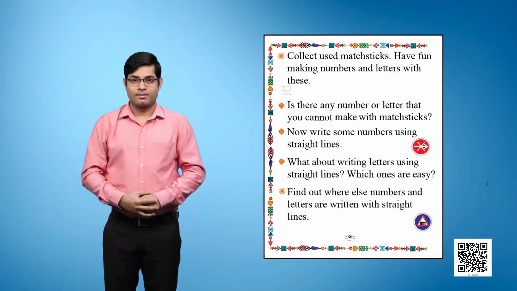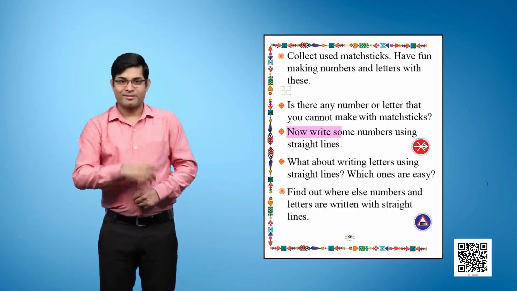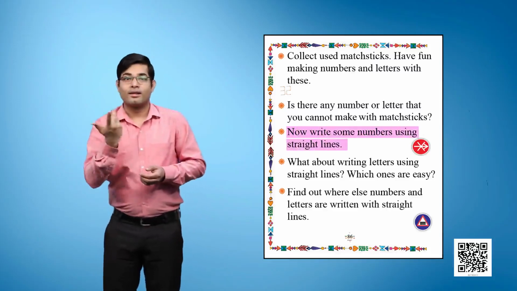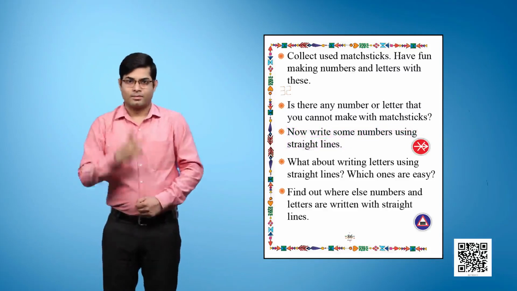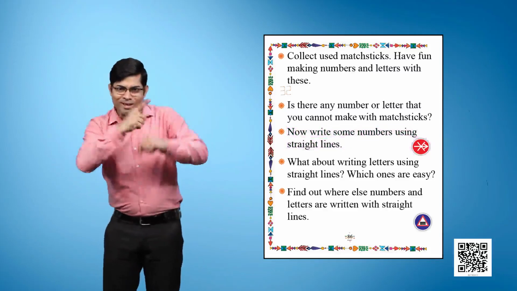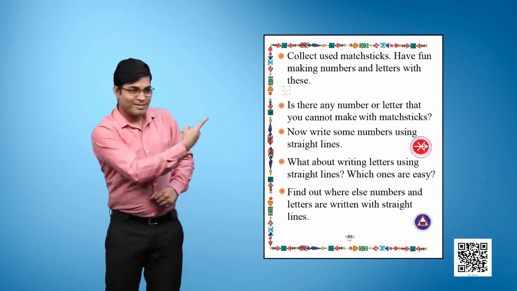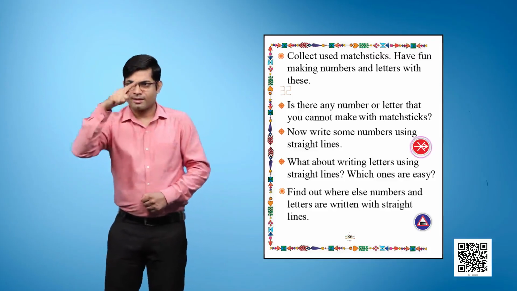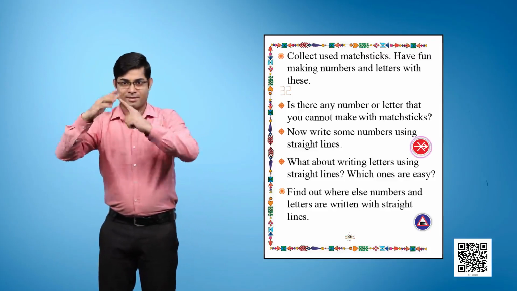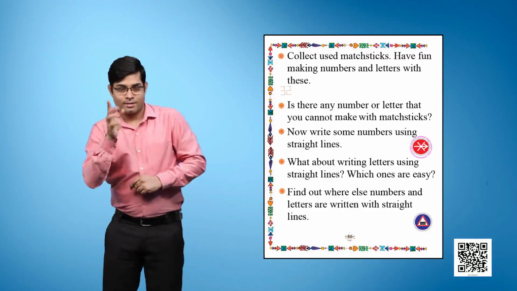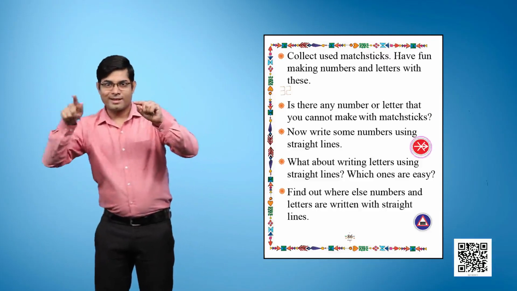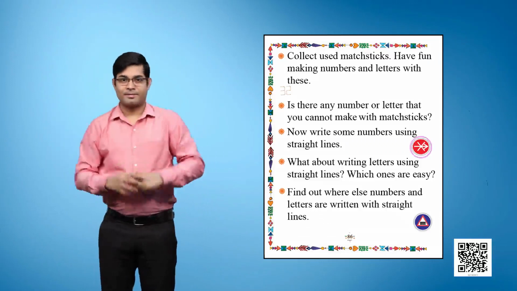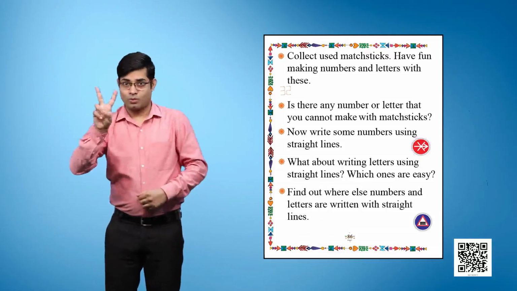Instruction 2. Now write some numbers using straight lines. At the right side of this, there is a small picture of a circle. Inside this circle, two slanting lines are crossing each other and from their meeting point, an arrow is passing with arrowhead pointing towards right. Question 2.